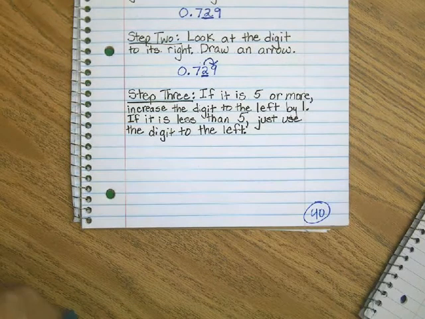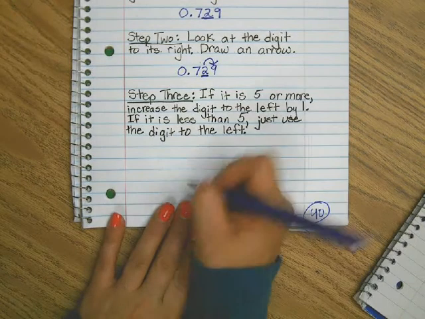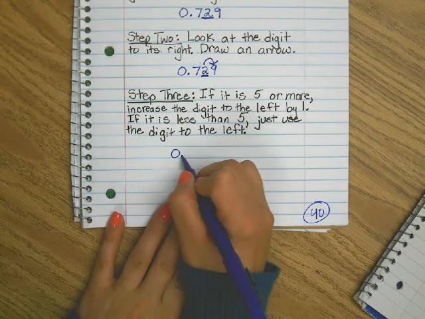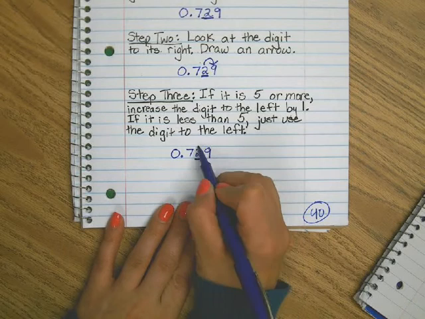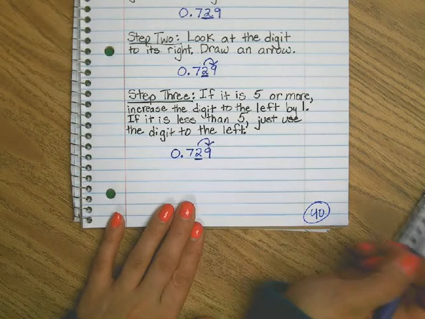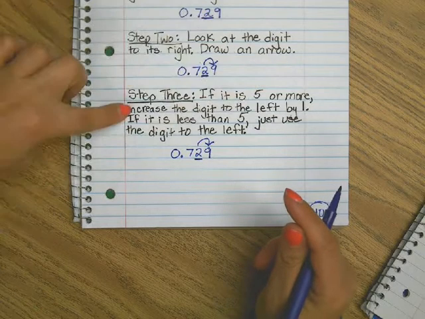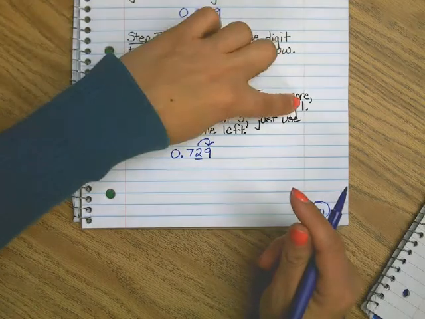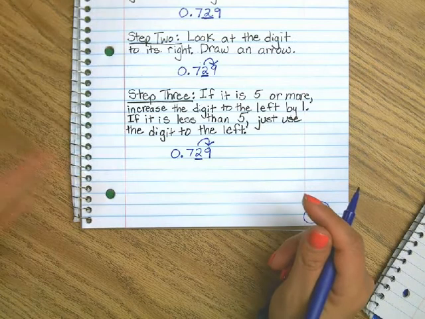If I go back to my example, it looks like this, right? My 2 underlined and my arrow, okay? So if it is 5 or more, increase the digit to the left by 1. That means add 1. If it is less than 5, just use the digit to the left. Okay, so I've got my 2 underlined.